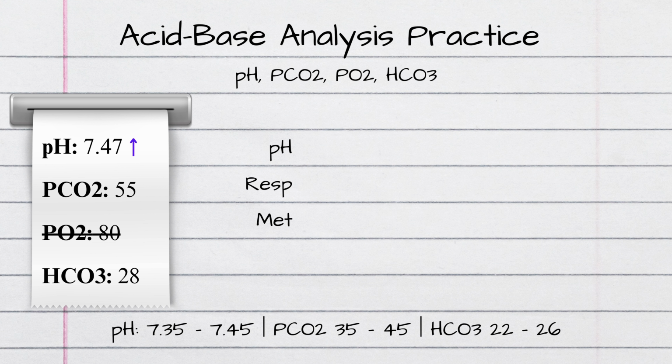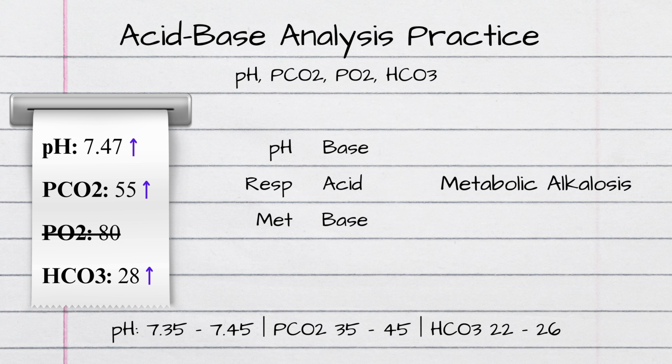Here, the pH is on the side of base. The respiratory process is an acid, and the metabolic process is a base. So this patient has a metabolic alkalosis. But you can see the opposite process, the respiratory CO2, is quite high.